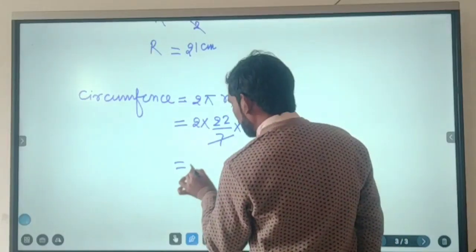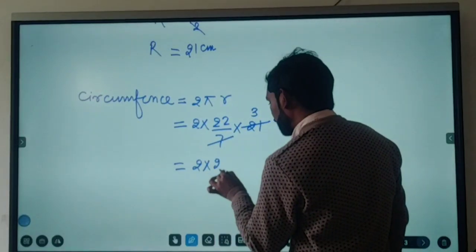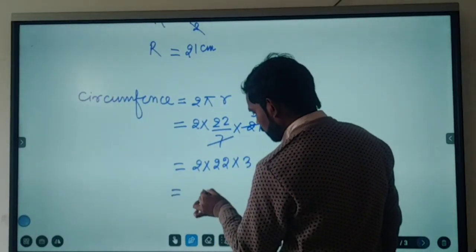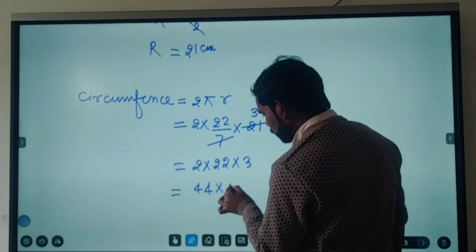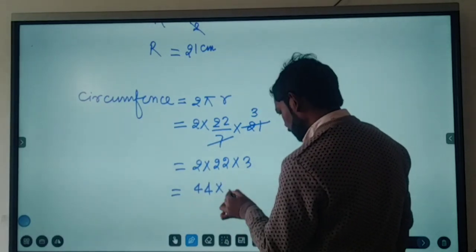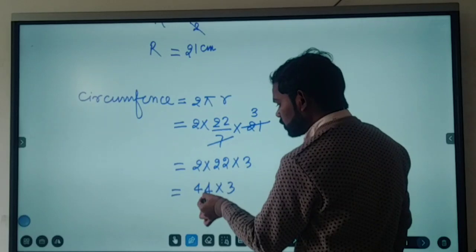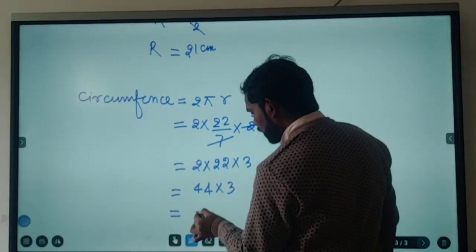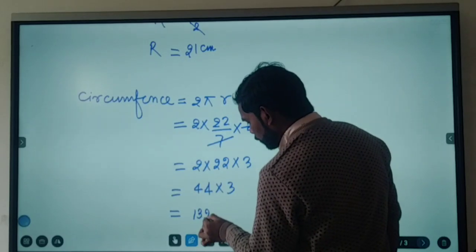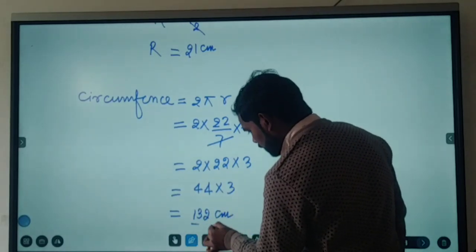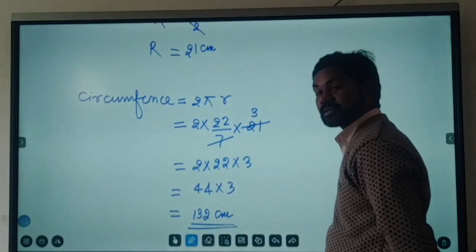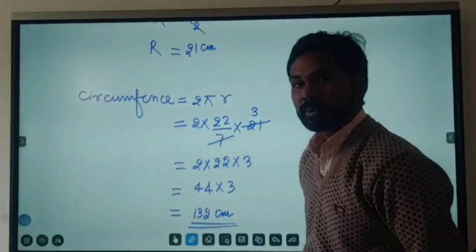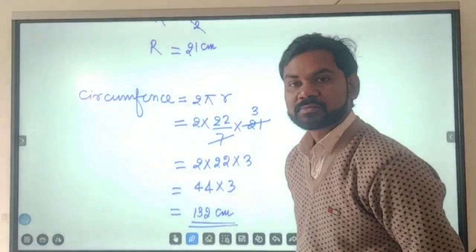So we get 2 into 22 into 3, which is 44 into 3. Multiplying 44 by 3, we get 132 centimeter. Therefore the circumference of the circle is 132 centimeter. I hope it is clear.